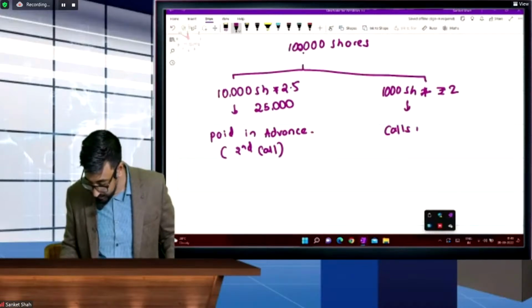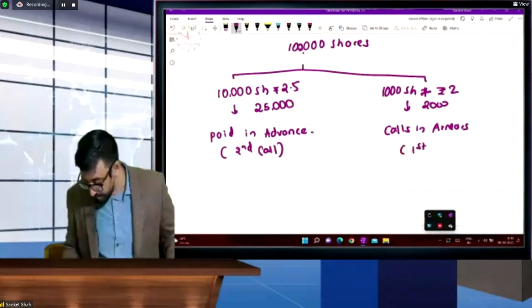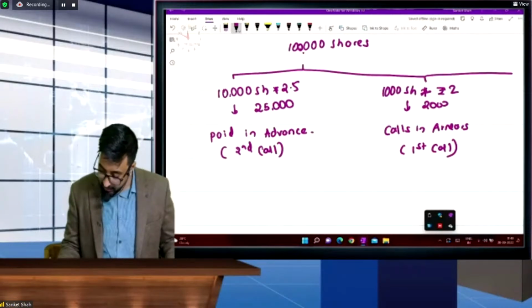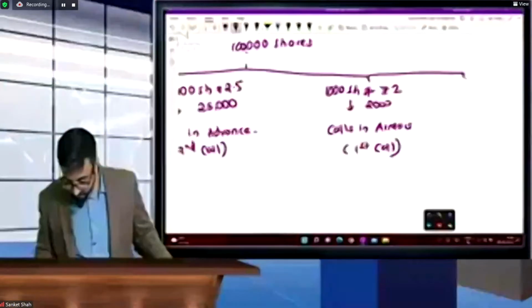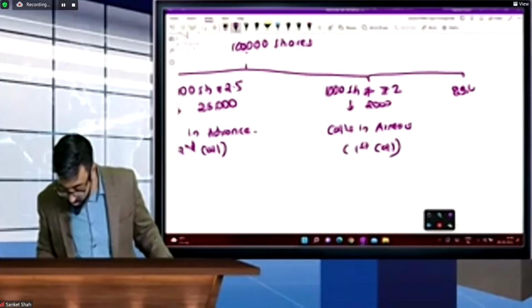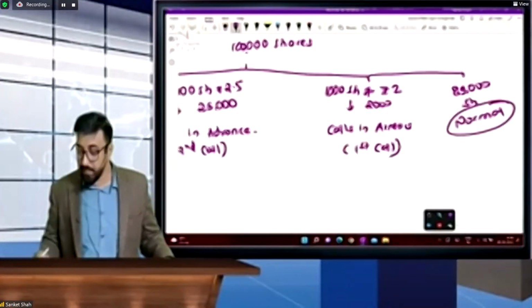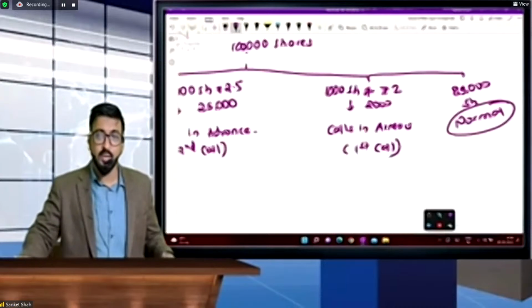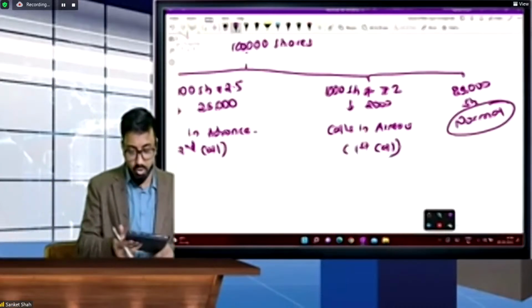Calls in arrears at the time of first call. And remaining shares, 89,000 shares, normal. Normal means they paid on due date.